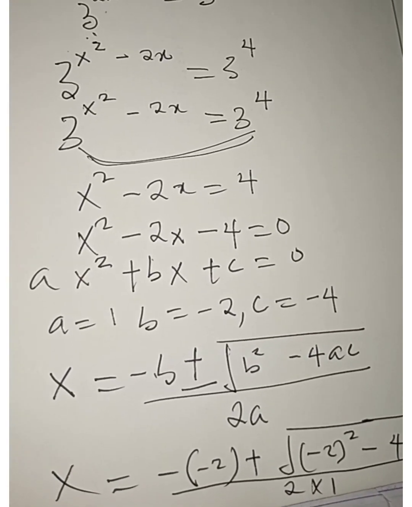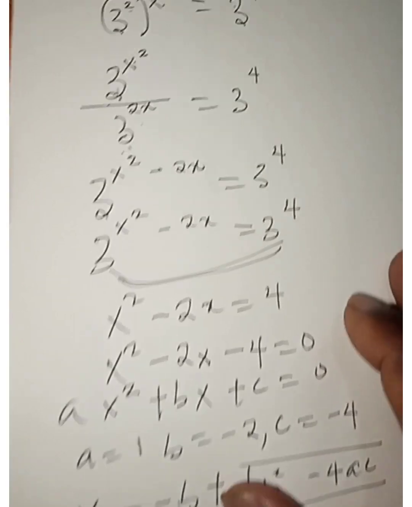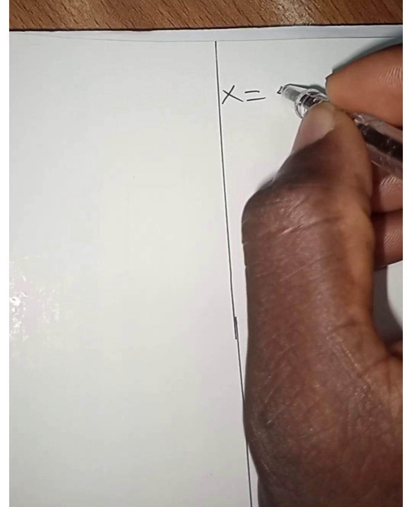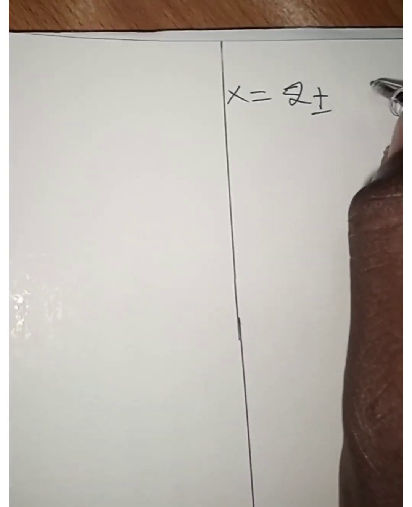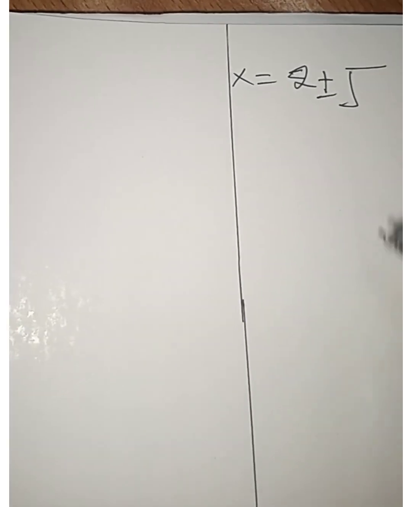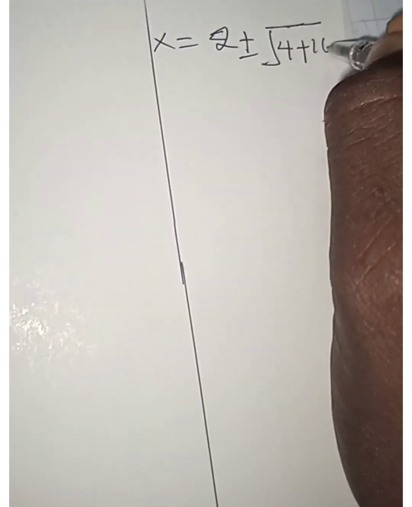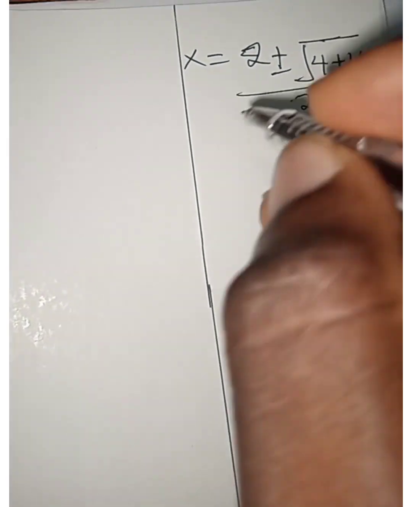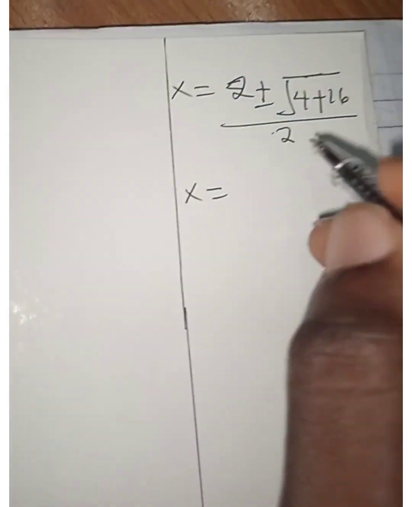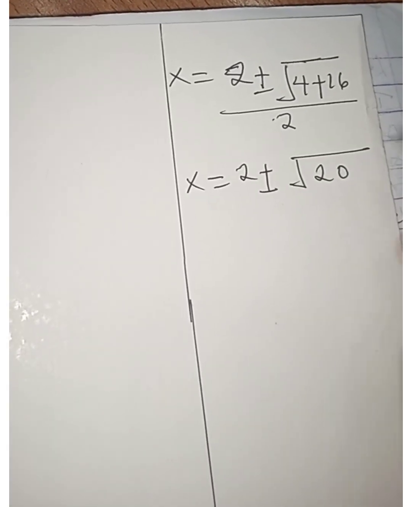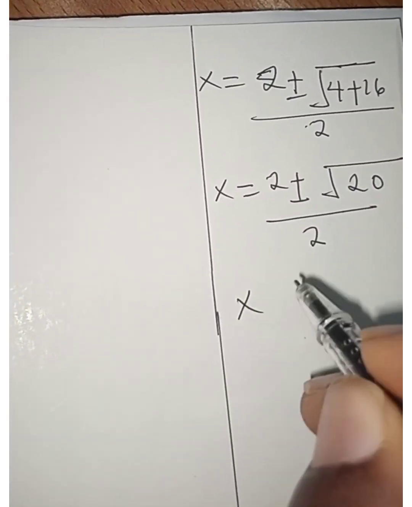So x becomes 2 plus or minus the square root of 2 squared is 4, plus 4 times 4 is 16, divided by 2. So x equals 2 plus or minus the square root of 20, divided by 2.